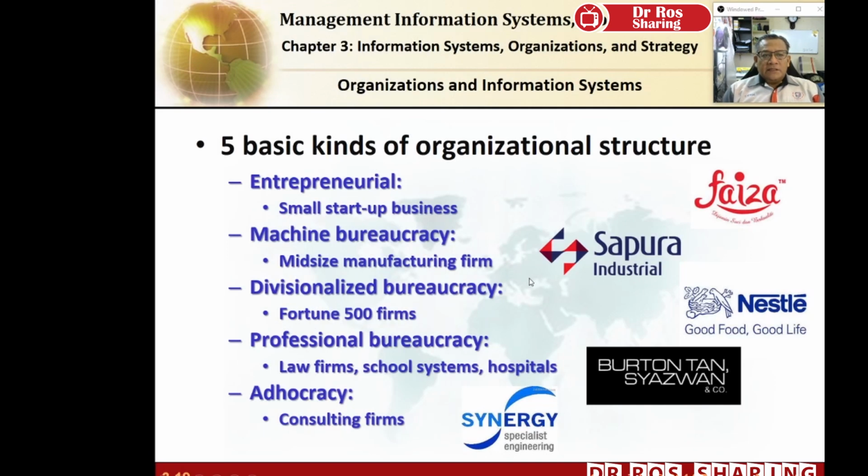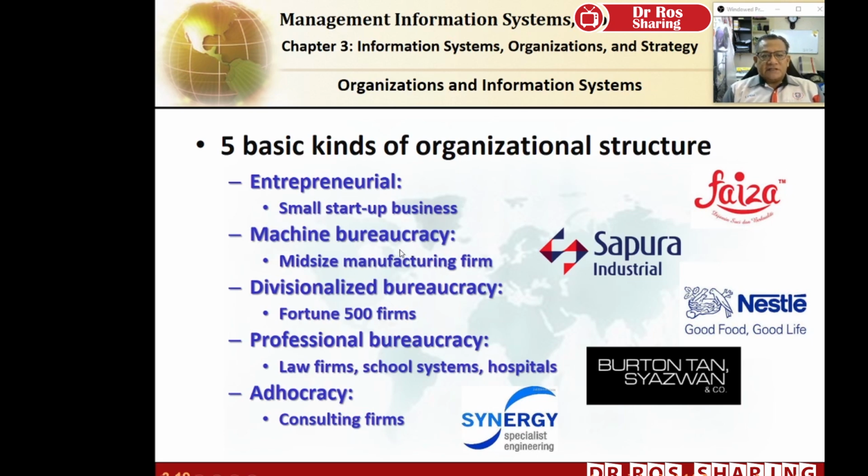Okay, so there are five basic kinds of organizational structure for organizations that use information systems. The first type is called entrepreneurial. It is a family-based kind of company like Faiza.